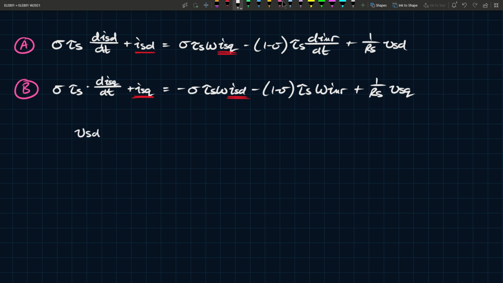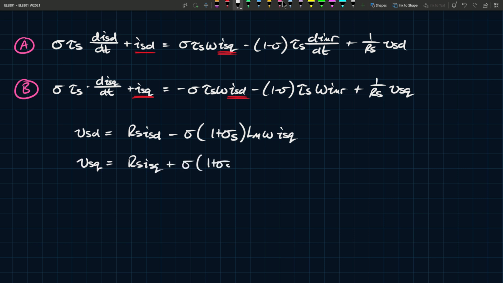You'll get VSD is equal to RS ISD minus sigma 1 plus sigma s lm omega isq, and you'll get VSQ is equal to RS ISQ plus sigma times 1 plus sigma s lm omega ISD plus 1 minus sigma 1 plus sigma s lm omega imr, right?